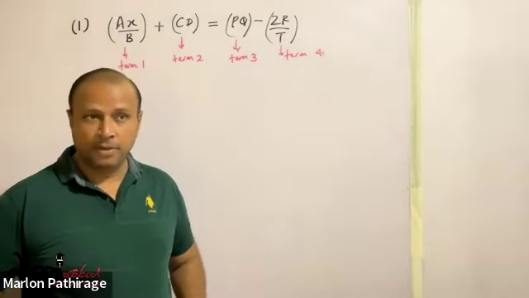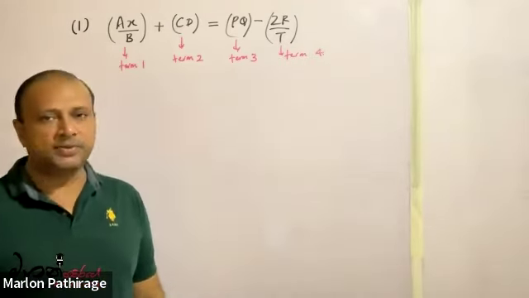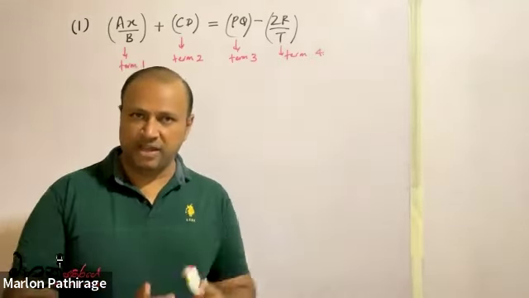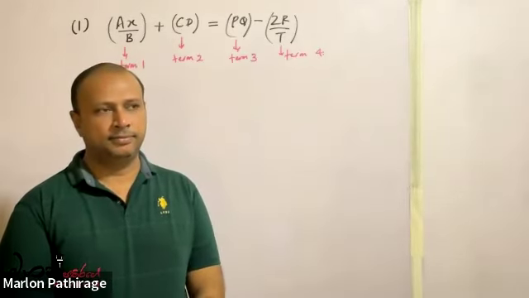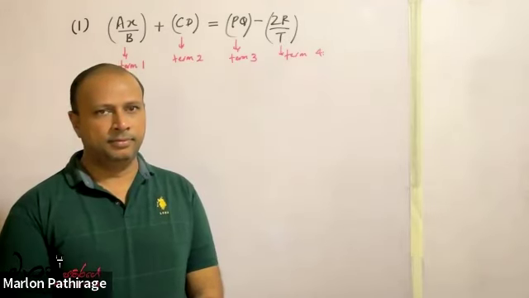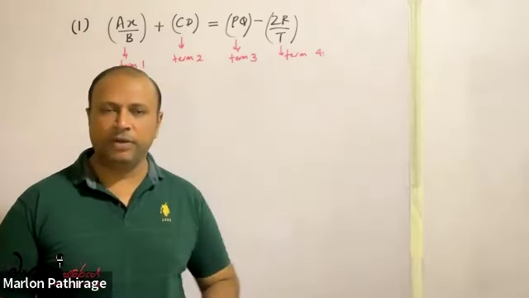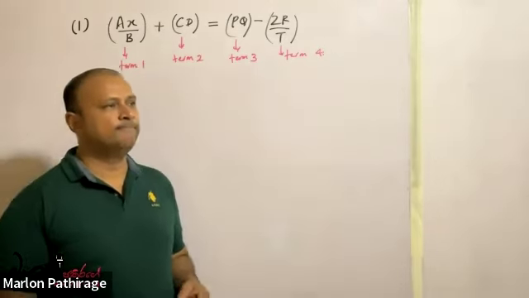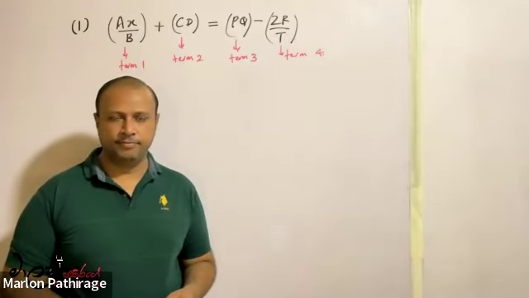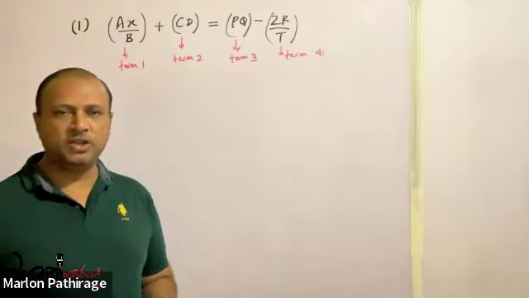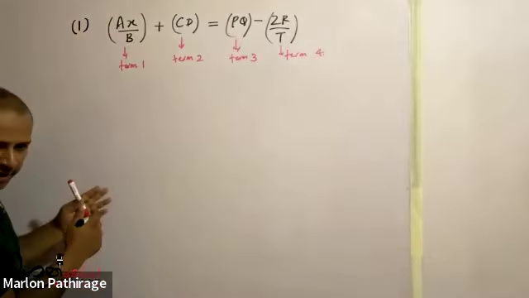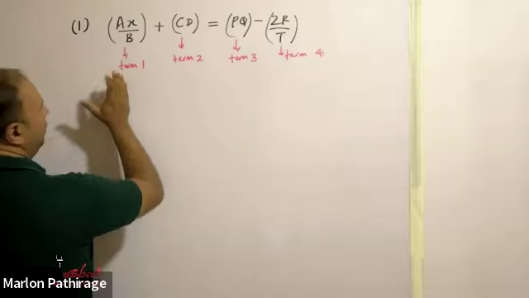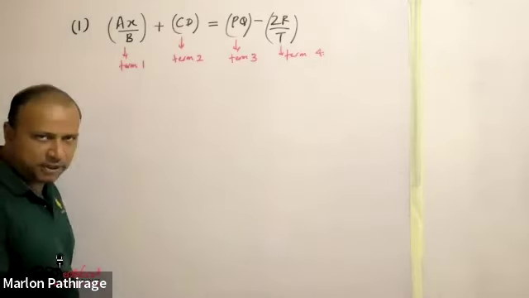The first rule is that addition or subtraction can be done among two equal physical quantities. Therefore, if there's addition or subtraction between two physical quantities, their dimensions should be equal. Now there's addition between these two physical quantities.